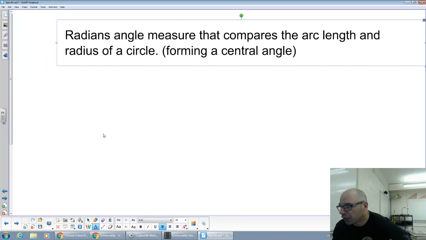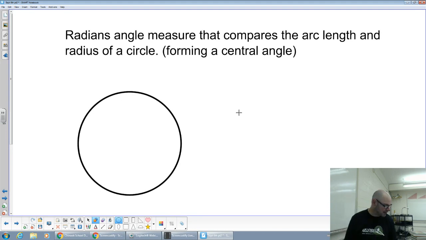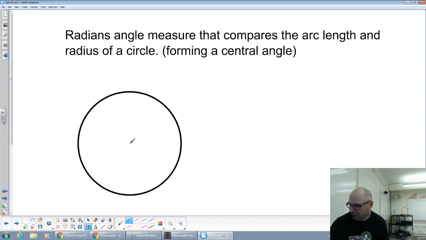And we'll just pop a little circle in here. If we've got this circle and we've got our center in here, I'm just going to have to guess. So we've got our center in here, and we have some radius here, R.